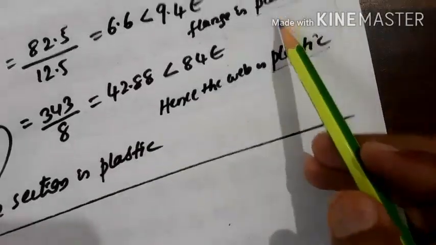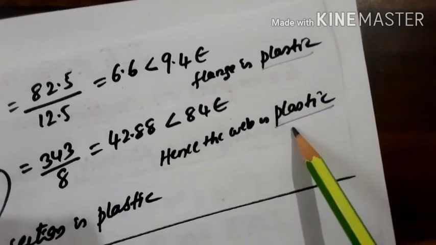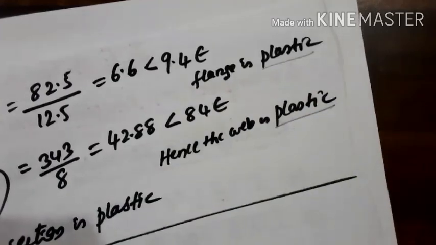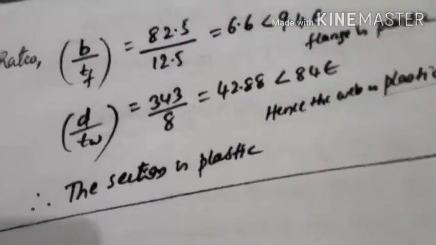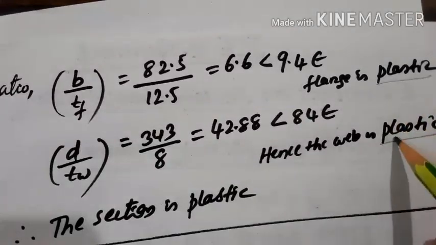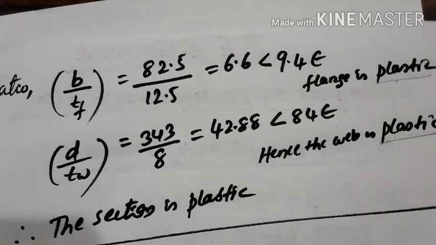If one is plastic and the other one is semi-compact, then we have to take the least favorable condition, that is semi-compact, hence the section is classified as a semi-compact section. But in this case, both are lying in plastic condition, hence the section is plastic.